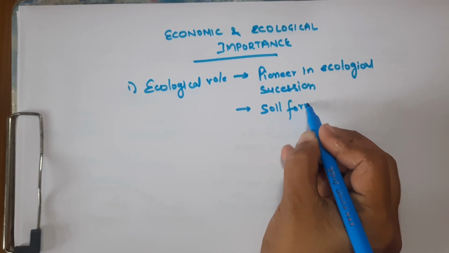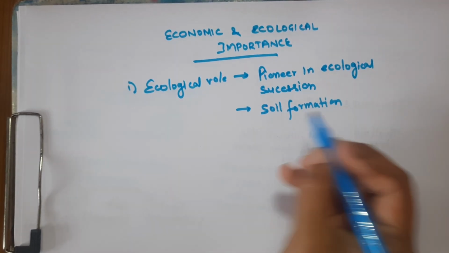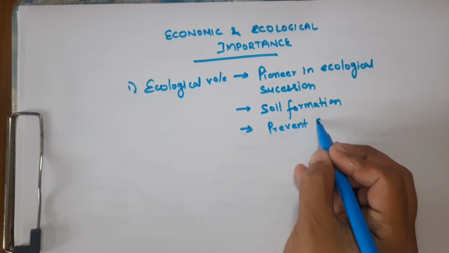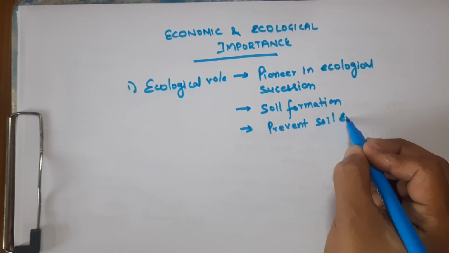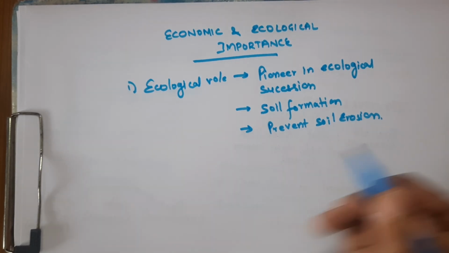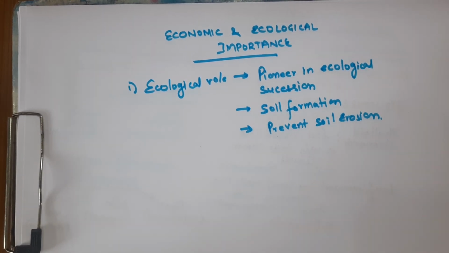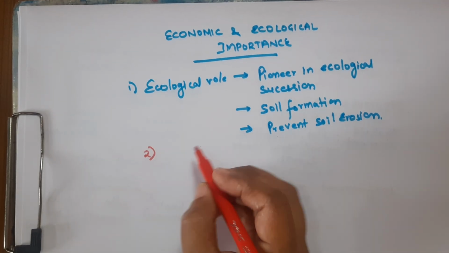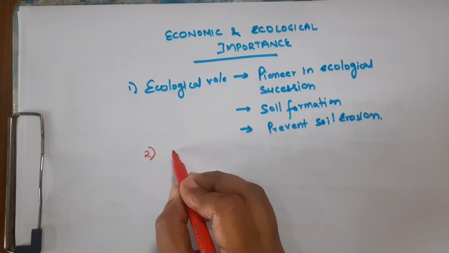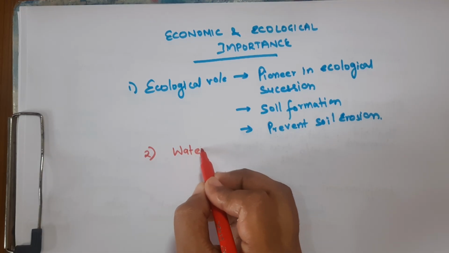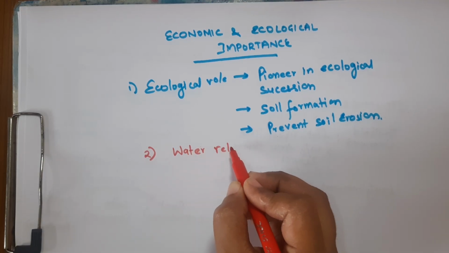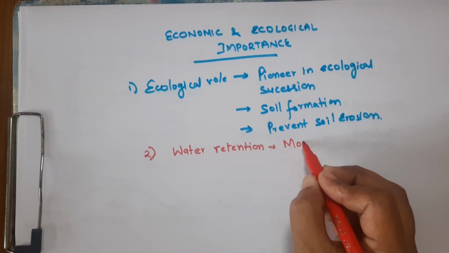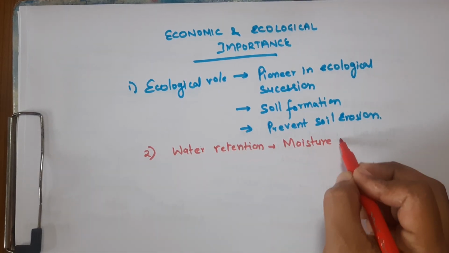They also prevent soil erosion. The second important feature is water retention. Liverworts have this very important and unique property of water retention, and this is crucial for maintaining moisture in the ecosystem.